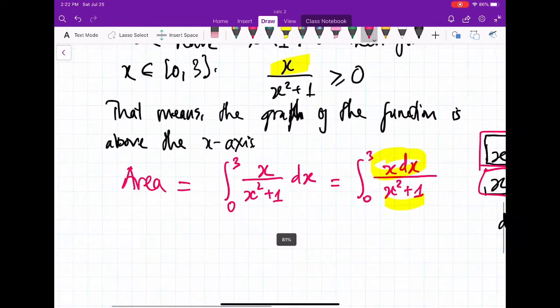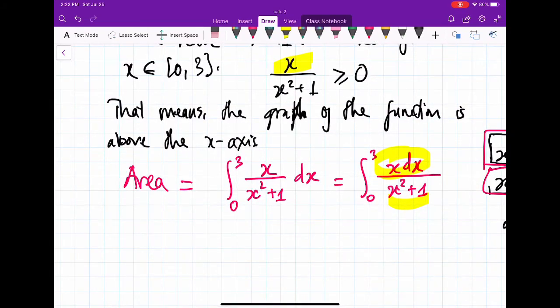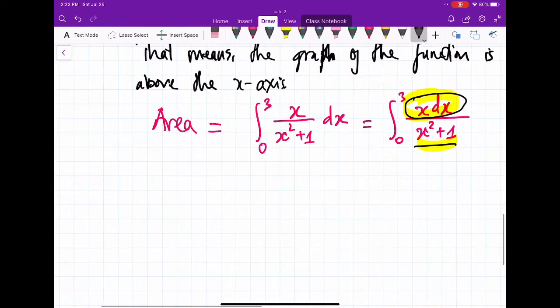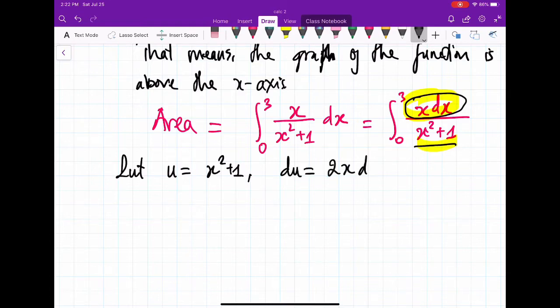We have that situation right here. We have x dx and x squared plus 1. So I do a substitution. I put u equal to x squared plus 1. And then from here I get du equal to 2x dx. Or I write x dx is equal to du over 2. Because we need to express the original integral in terms of u. Don't forget that.